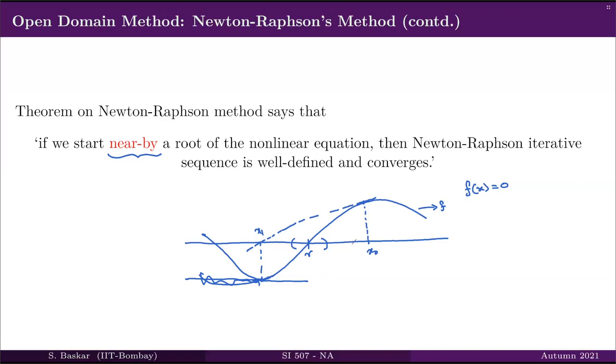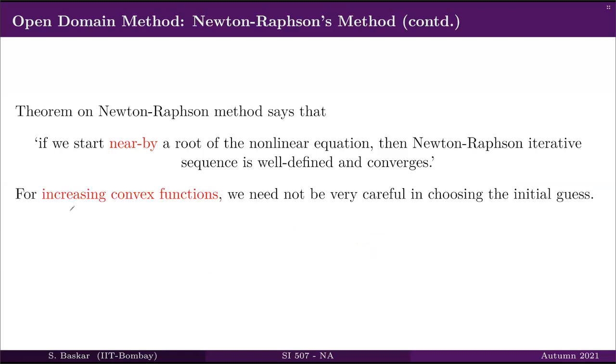But there are certain particular cases where you don't need to really worry about starting your iteration very nearby. For instance, if your function is an increasing convex function, we need not be very careful in choosing our initial guess. It means, suppose the graph of the function is something like this.